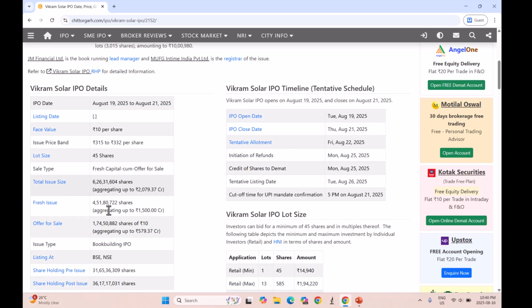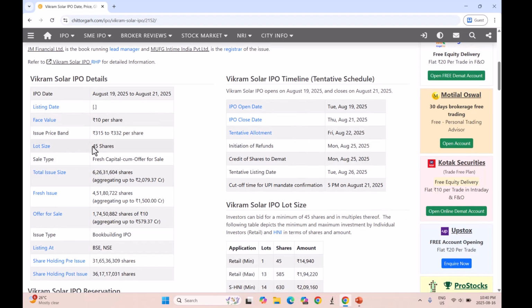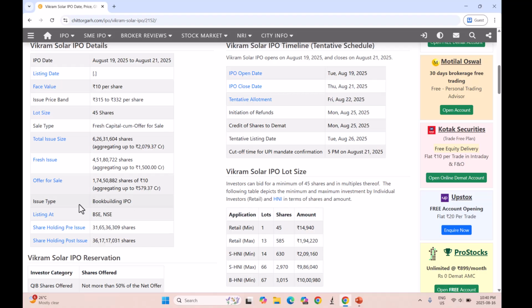you can see a few details about the Bikram Solar IPO. That is, what is the IPO date, what is the face value of the company, what is the lot size. Lot size means in one lot you have to apply for 45 shares, and this is a fresh capital plus offer for sale issue, and it will be listed on both NSE and BSE.